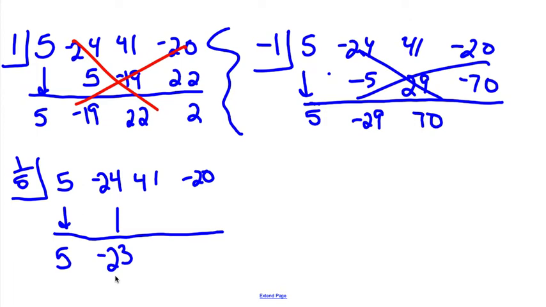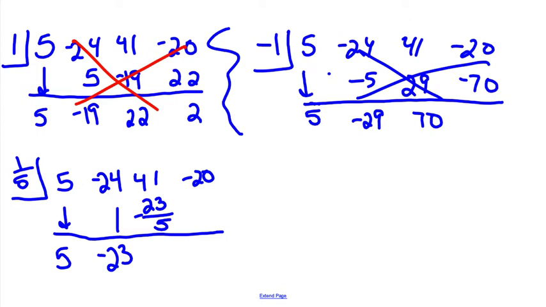A fraction is just going to be negative 23 over 5. Or mixed numbers, I don't even know what that would be. It doesn't really make a difference. I just left it as negative 23 over 5, just because I like improper fractions.